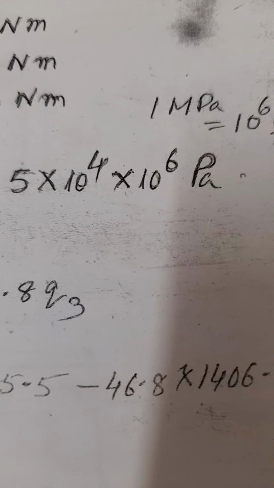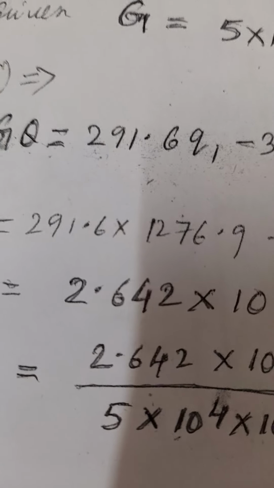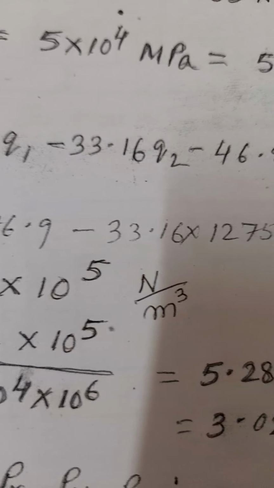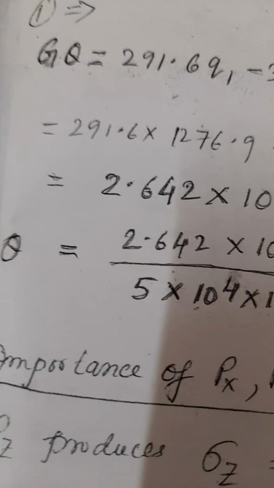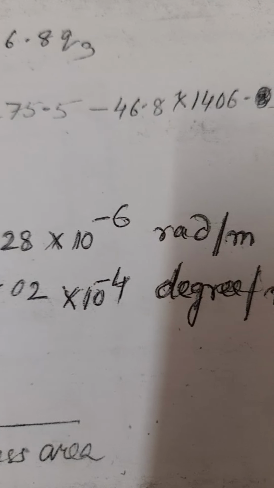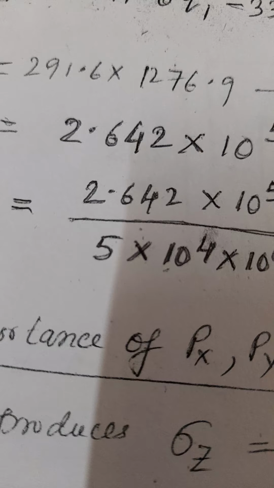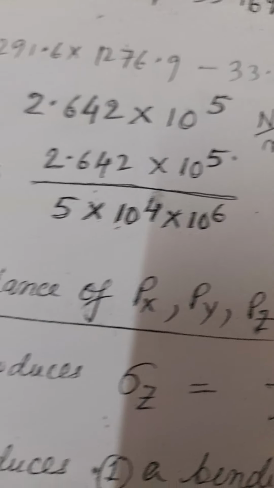So this is like this, Pascal. Now G theta we can find out from equation 1, Q1, Q2, Q3 known. So G theta will be equal to 2.642 into 10 to the power 5 Newton per meter cube.